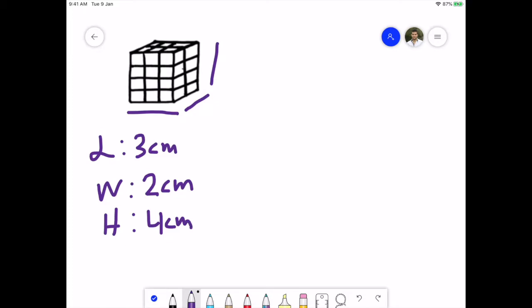centimeters. One way to identify the volume of this prism is by finding the area of the bottom layer. So if I do length times width, that will be 3 times 2, which is 6 square centimeters. Now, how many times is this repeated?